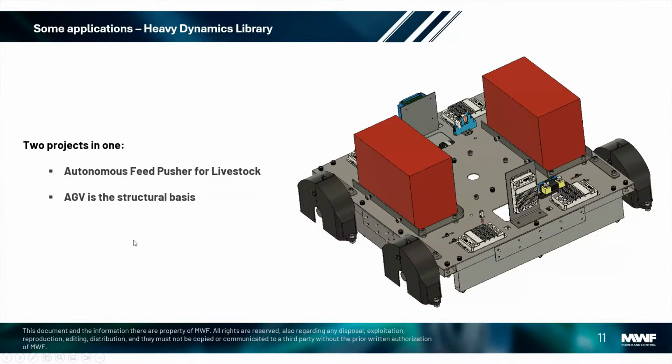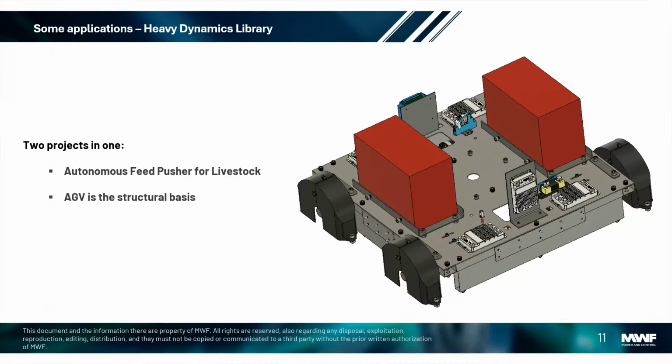This is a current project. It's a smaller robot, and in fact, it's not just one product. It's two projects in one, because this base is like an AGV, an autonomous ground vehicle, and this structural base can be used to put a specific load on it, a specific payload, which is used to push feed to livestock.